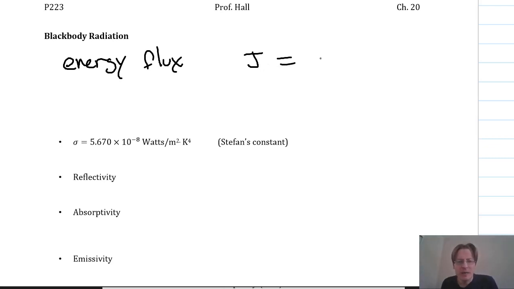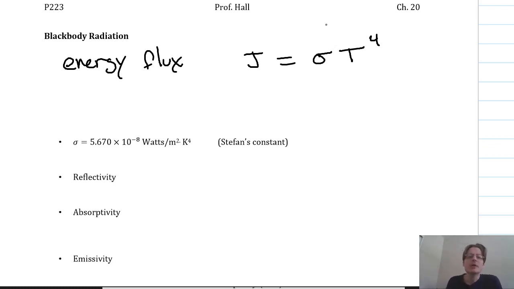It's given by a universal constant, sigma, times the temperature of the object to the 4th power. So if you double the temperature of something, it doesn't give off twice the energy flowing out of it. It's 16 times the energy that flows out of it. This accounts for all the different wavelengths, UV, visible, and infrared.